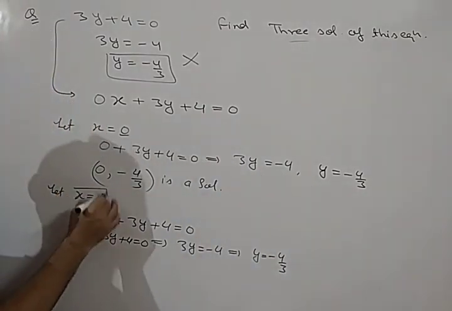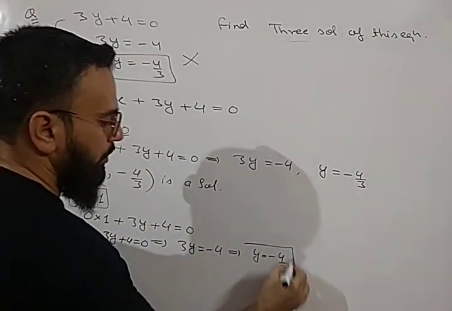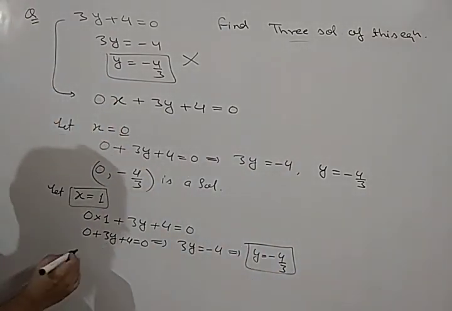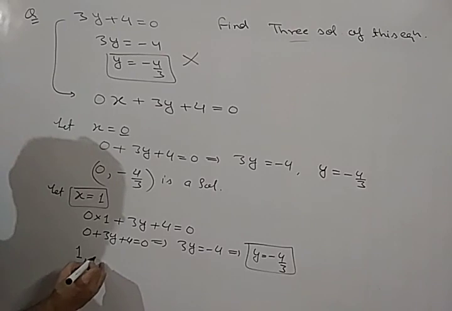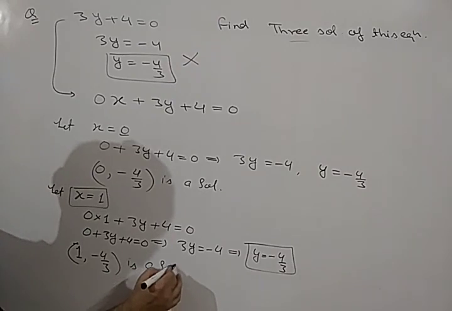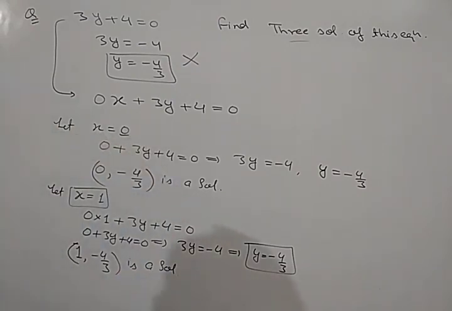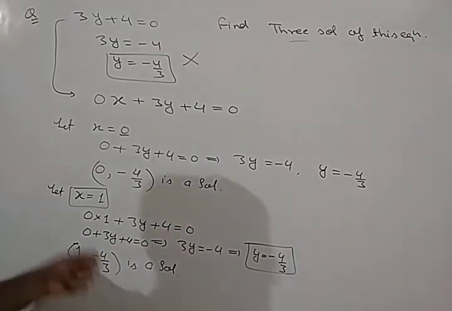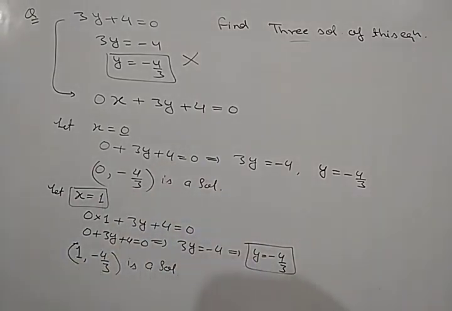So again at x equal to 1, the value of y is minus 4 by 3. So our ordered pair is 1 comma minus 4 by 3. This is our second solution of the equation. The first solution is 0 comma minus 4 by 3, then 1 comma minus 4 by 3 is the second solution. Okay. Now we have to find one more solution. We have to find three solutions.